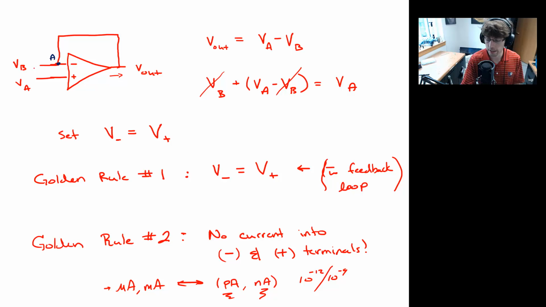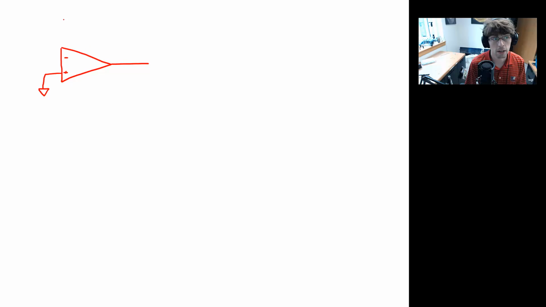Let's go ahead and get some ideas about how to analyze these op amps using our golden rules. This is probably one of the most straightforward op amps I can give you. So I have my V out channel.